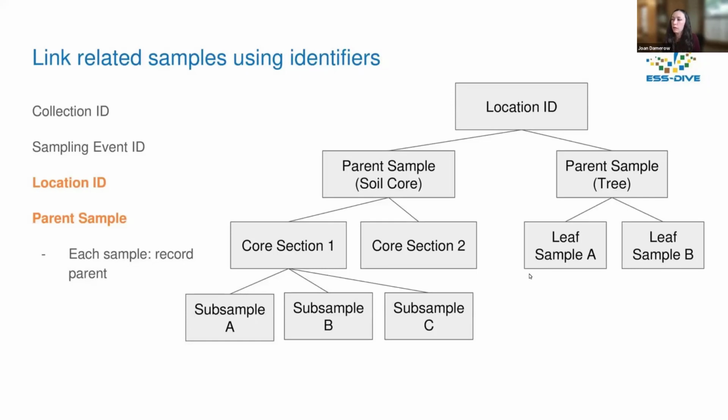And so for each sample you record the parent, and then all of these relationships are tracked in the landing page. And so you have links to the parent samples and the sibling samples and the children samples, and it's done automatically when you submit your metadata to the System for Earth Sample Registration.